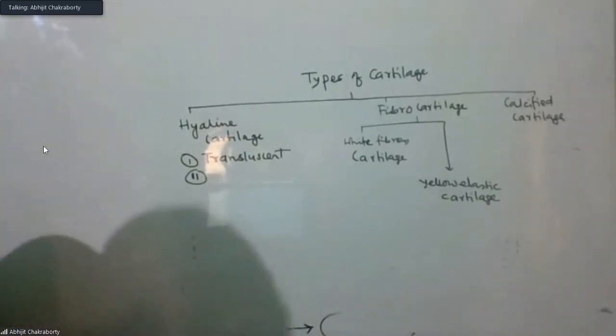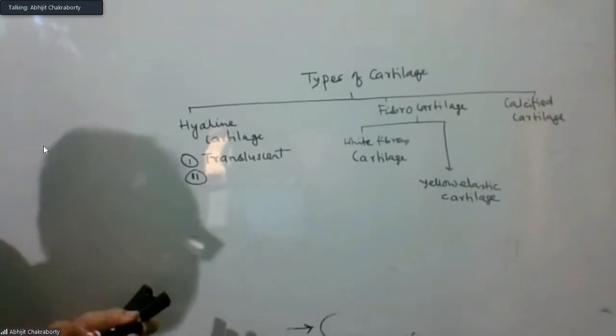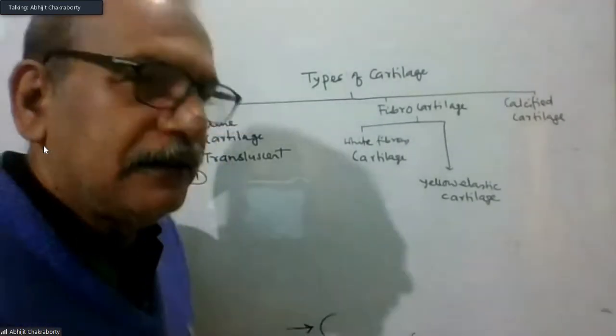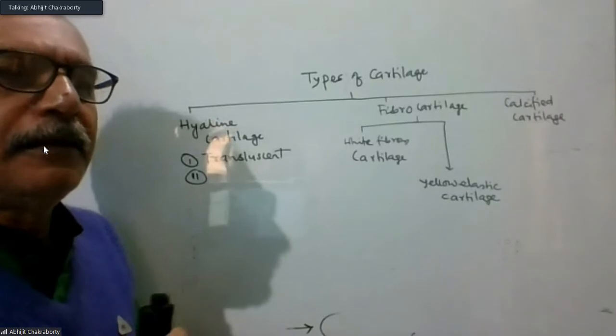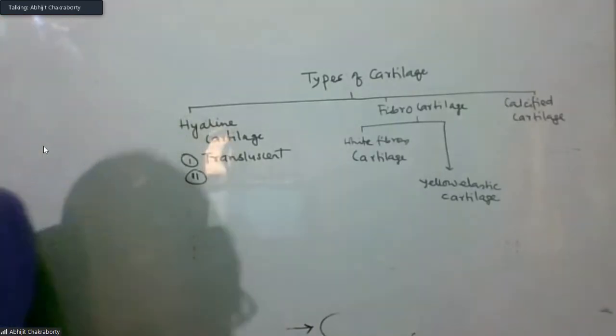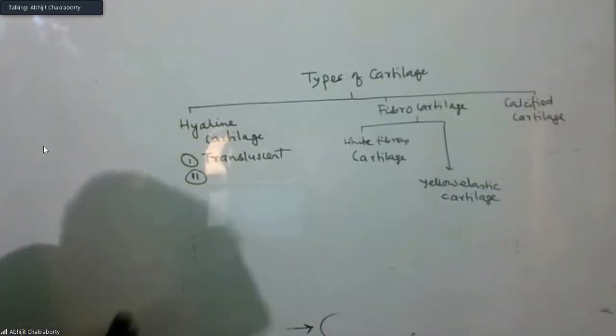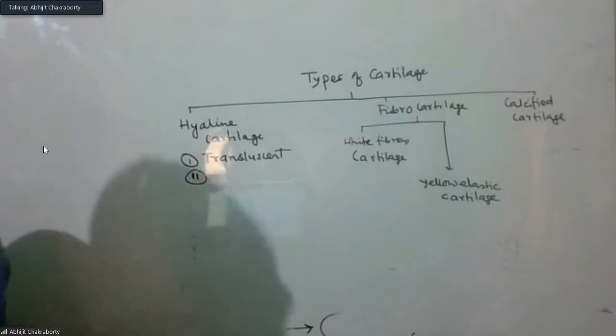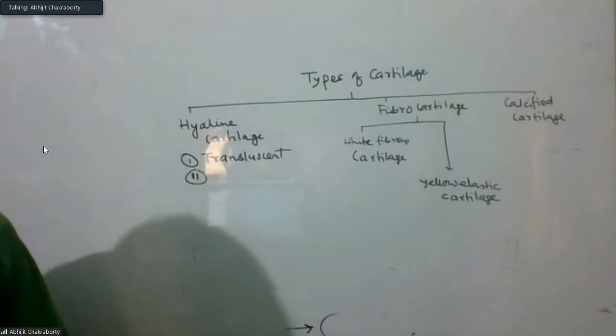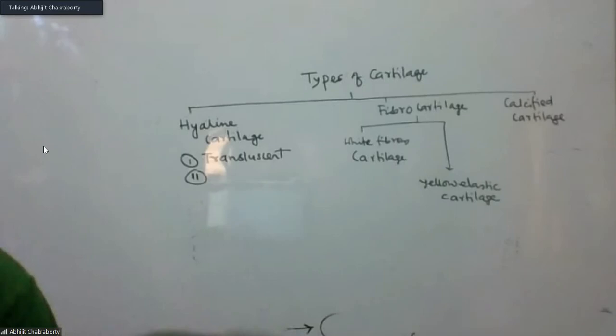Translucent means it is not actually transparent, but it appears like glass. That is what is called translucent. Matrix is homogeneous.